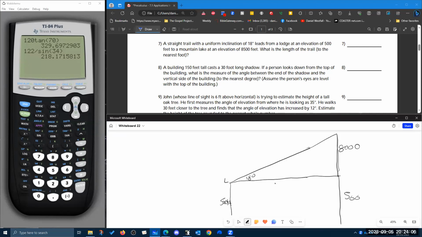So we want this distance x. Opposite over hypotenuse is sine of 18 degrees. It's going to be 8,000 over x. x is equal to 8,000 divided by sine of 18.